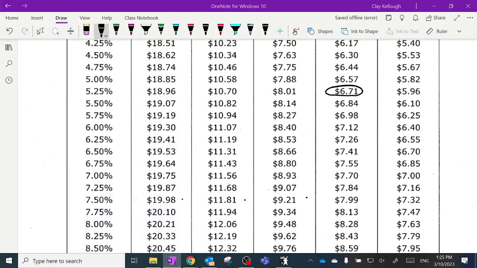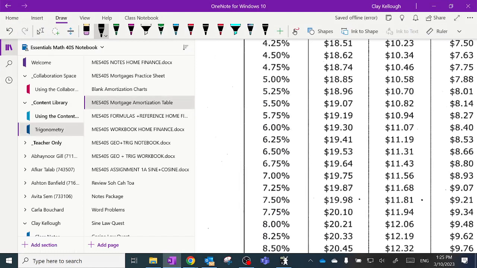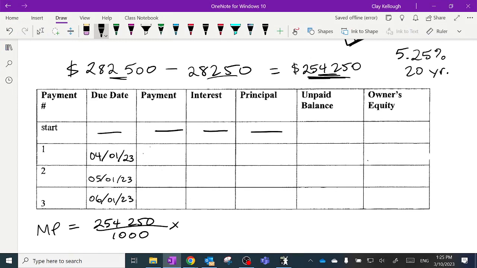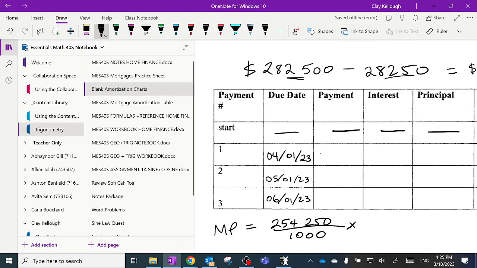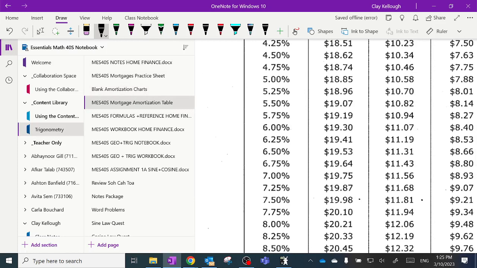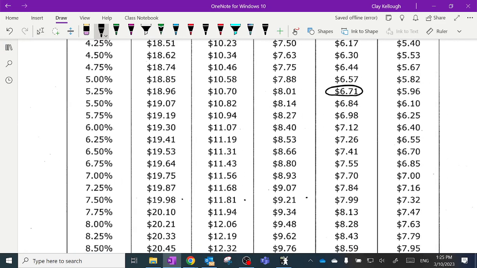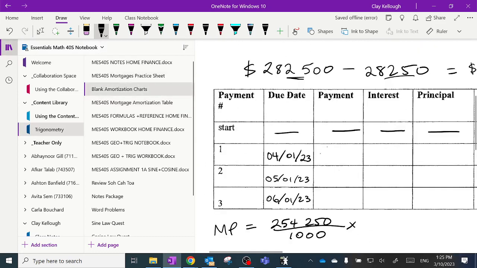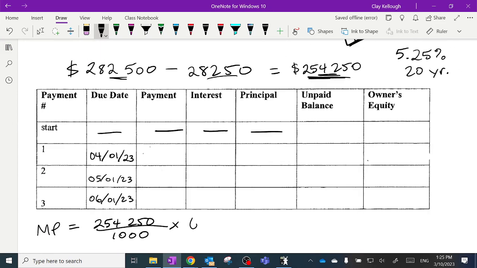Oops, I went to the wrong page. Let me go back to there. And, oh, look at that. I've already forgotten the number I was just looking at. What was the number again? It was 5.25. Oh, yeah, 671. Thank you very much. 671. Okay, so 671. And that's kind of like how much they charge me for every $1,000 of mortgage they're selling me. That's kind of the way to think about that number.